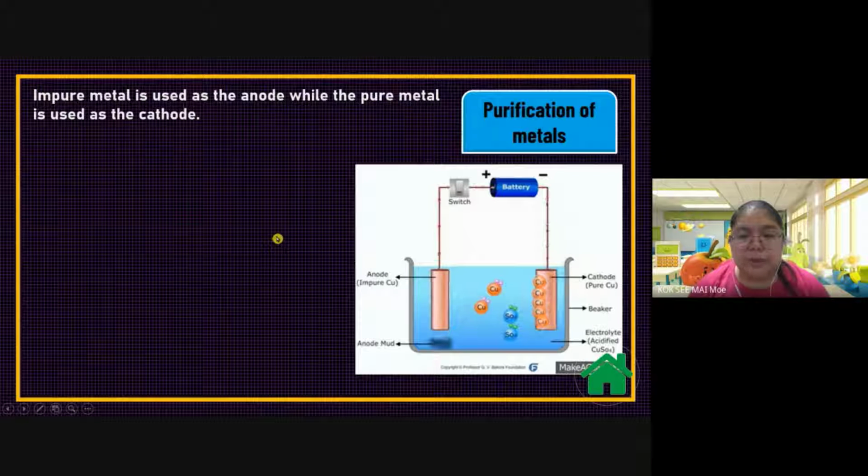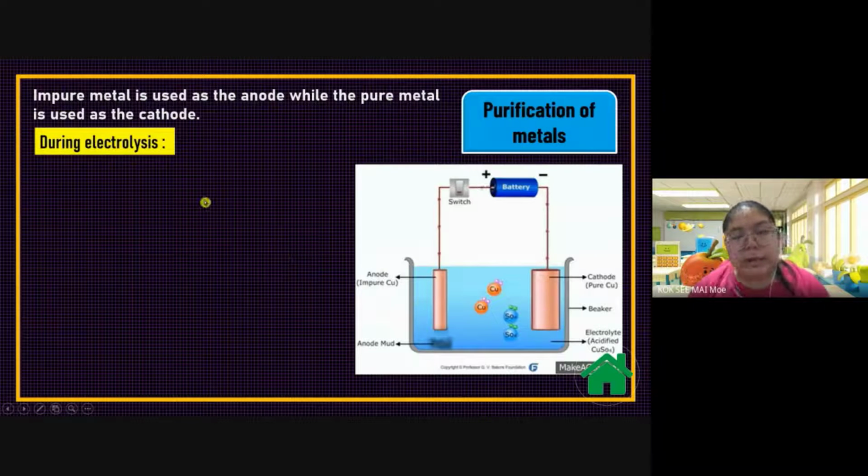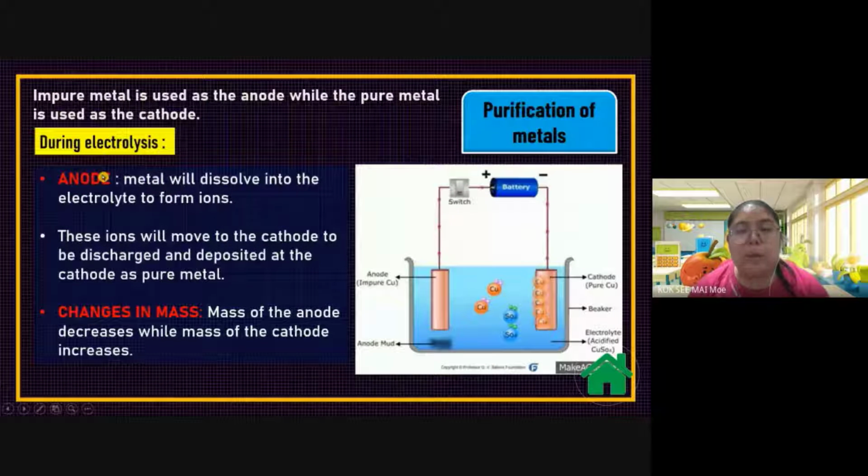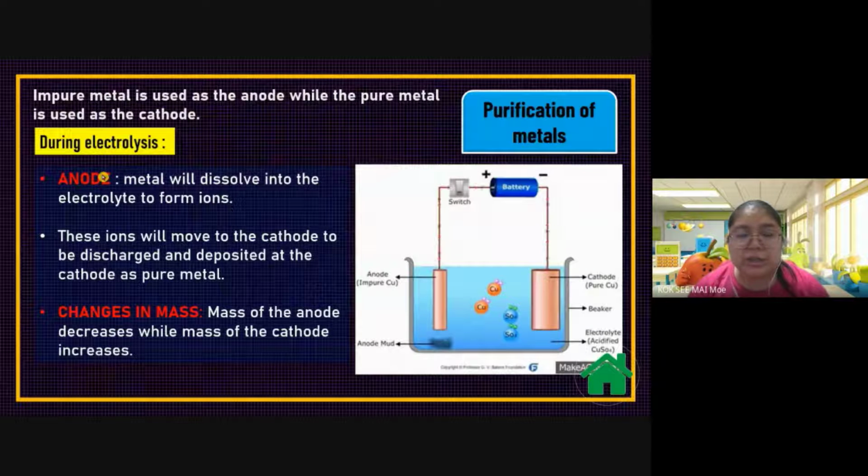Okay, you see the process? Okay, during the electrolysis, at the anode, the metal will be dissolved into the electrolyte to form ions. Okay, remember this one we learned before about the electrode. Okay, if the same material, the anode changes. The anode doesn't have any part to discharge. No discharge already.